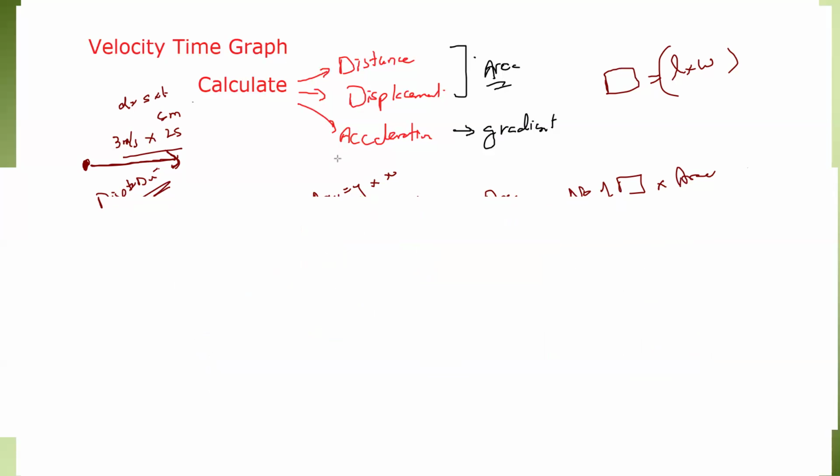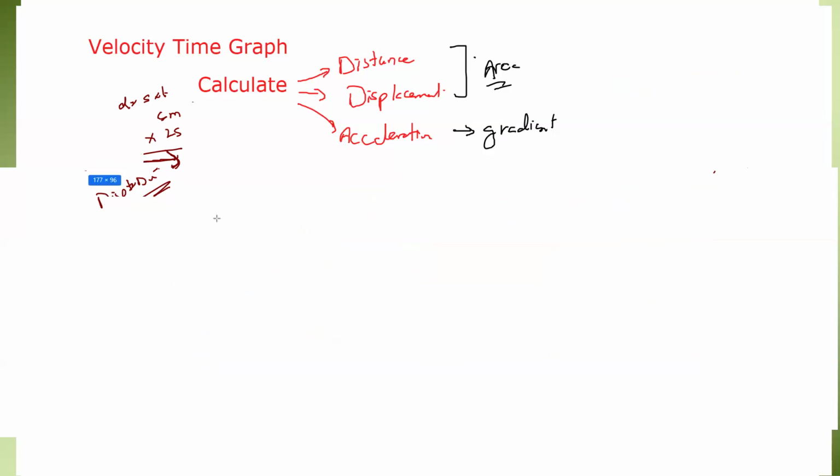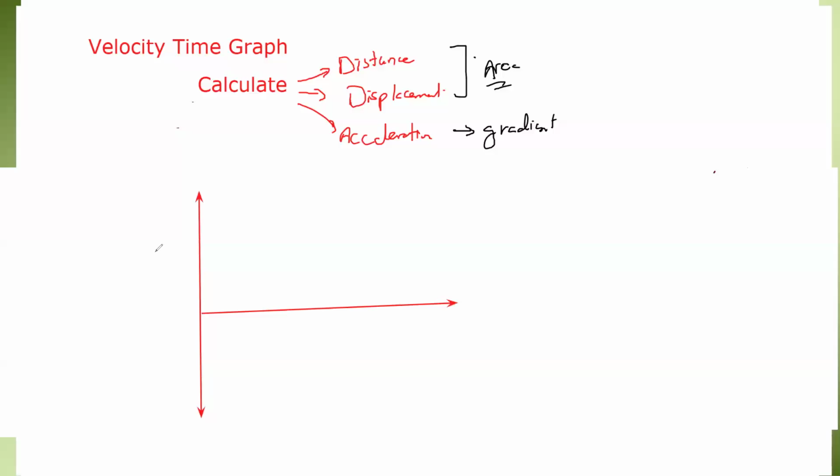For the linear graphs, because they have a definite shape and form, you can easily work out from that. So if I say we have a velocity time graph, and the area of this part is R and the area of this part is S. What will be the expression for the distance travelled?